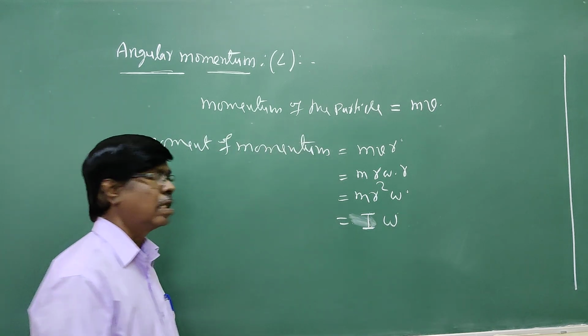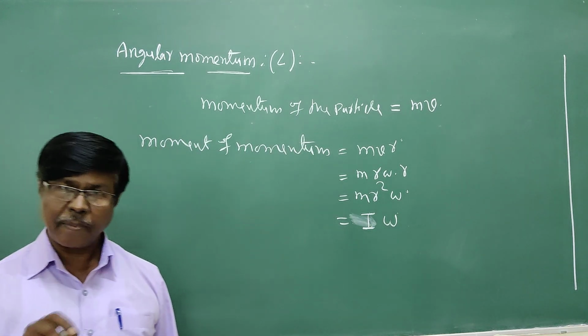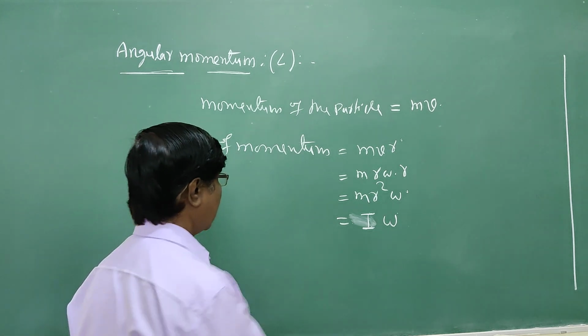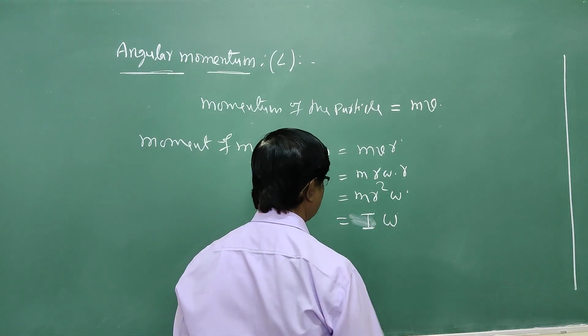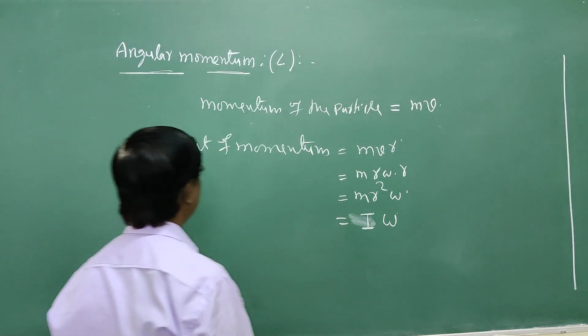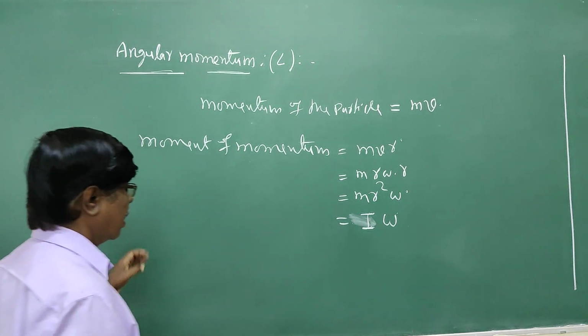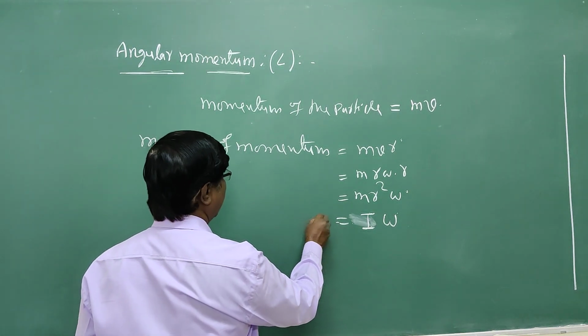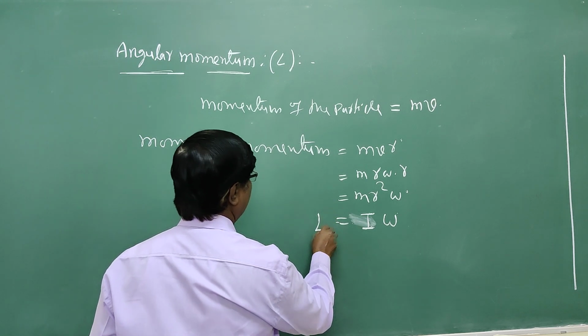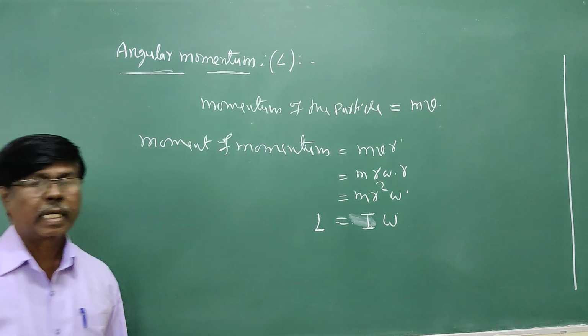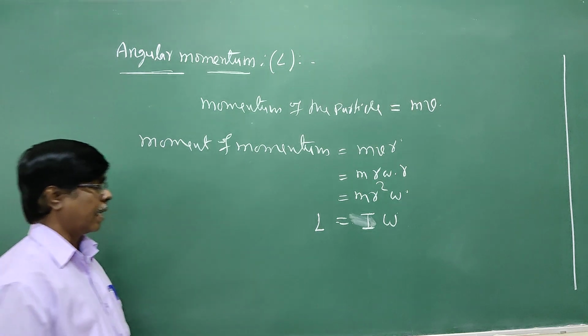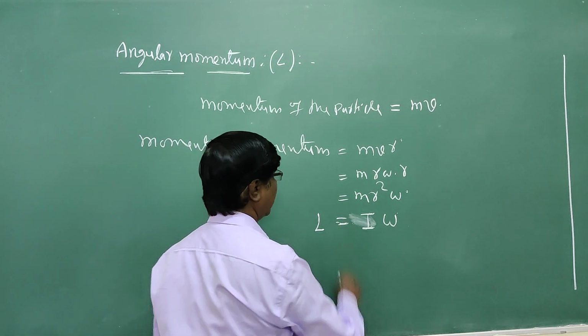I is called the moment of inertia of the particle. That is, I omega is called angular momentum. Hence the angular momentum of the particle can be written as L is equal to I omega.